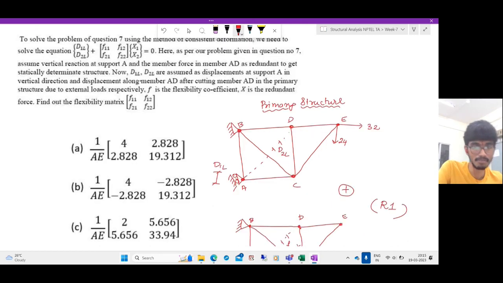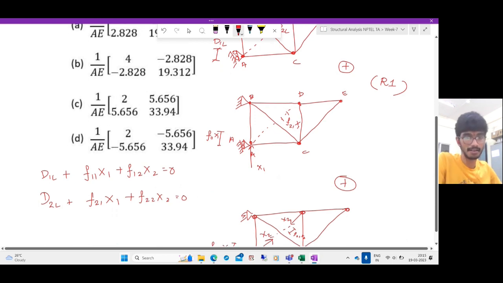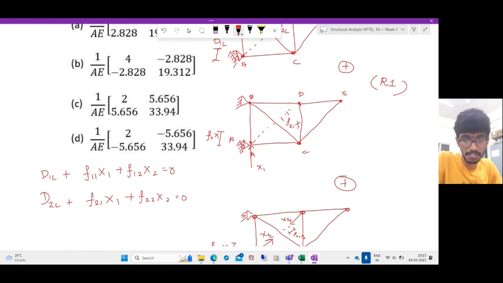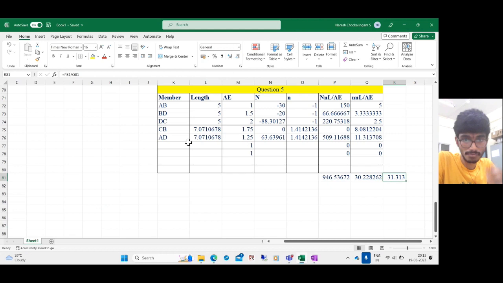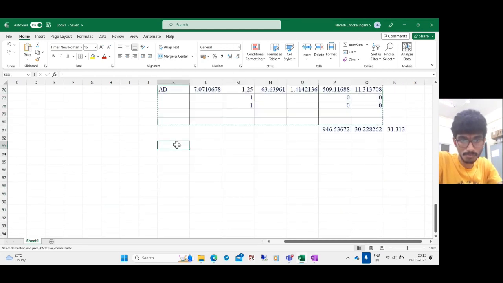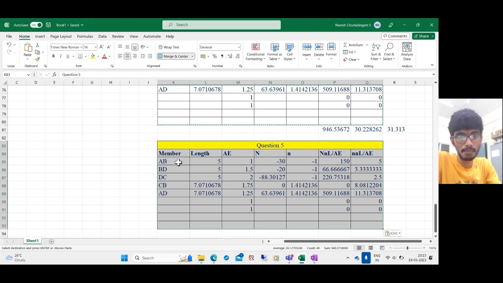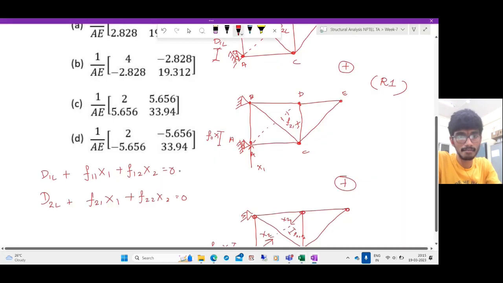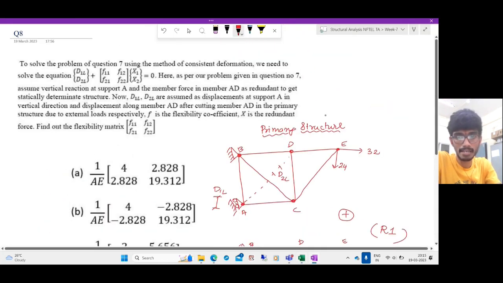Now the case is the same. So let us just get the Excel sheet ready. So we have total members. We have AB, BD, DC. And we also have an AC.